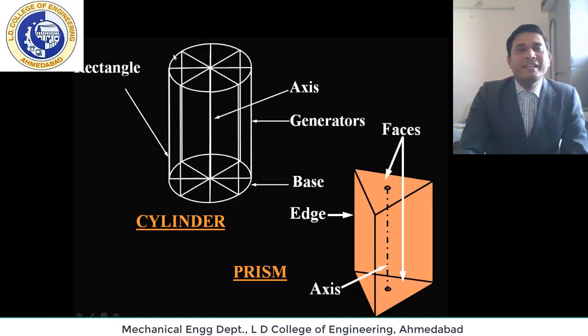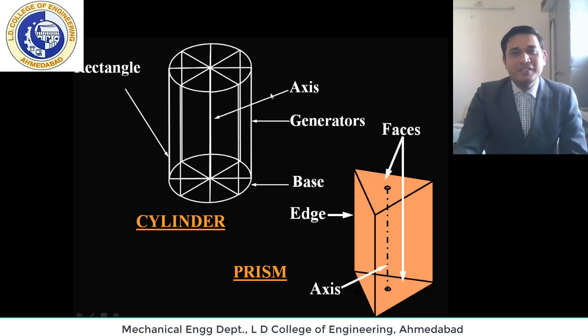Now we have discussed all the terminology, so you are very well aware of the different terminology. In the cylinder, the centers of the two bases are connected by one imaginary line, known as the axis. The generator means the edge or a line connecting a circumference point of the two bases.